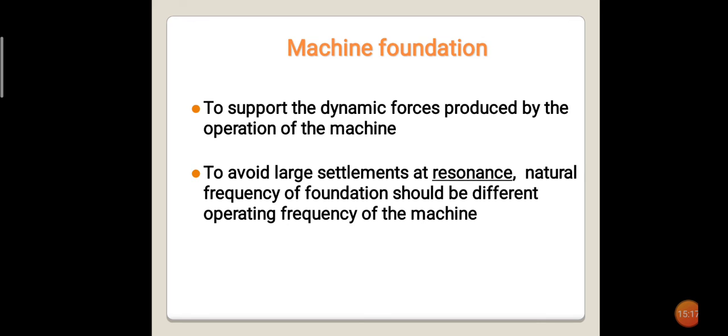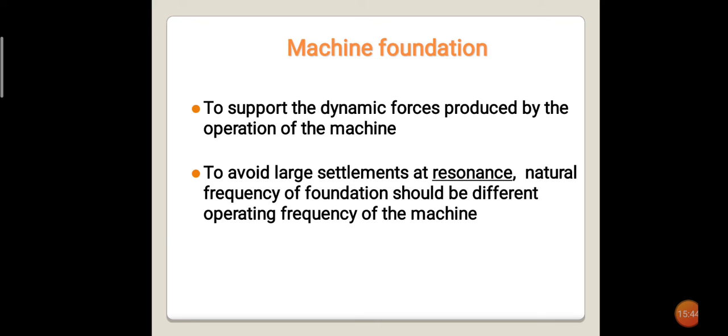Construction. Then we move on to the machine foundation, that is the last topic in this building components. That is machine foundation. Here, it supports the dynamic force produced by the operation of the machine. Suppose you are placing heavy machines like a lathe, maybe some other machines, a slotter, shaper or planer.